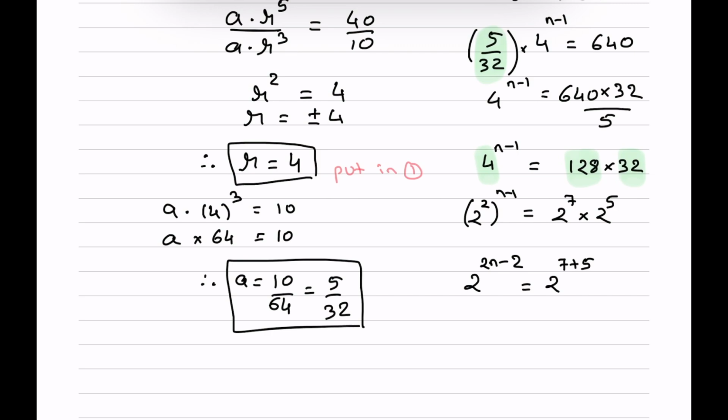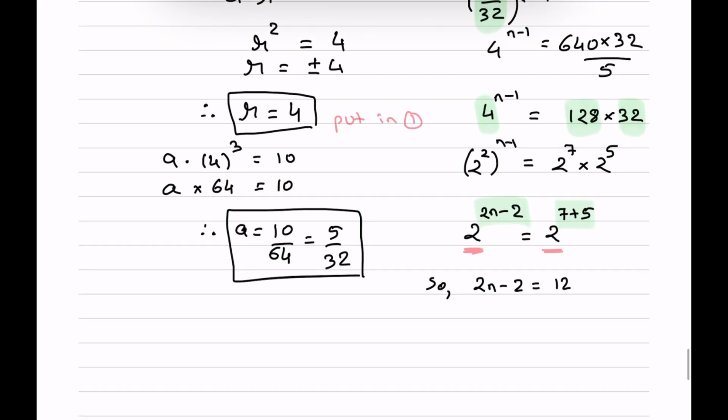Now we know that when the bases are the same in the given equation, we can compare their powers. So 2n minus 2 equals 12, or 2n equals 14, or we get the number of terms as 7 for the given geometric progression.